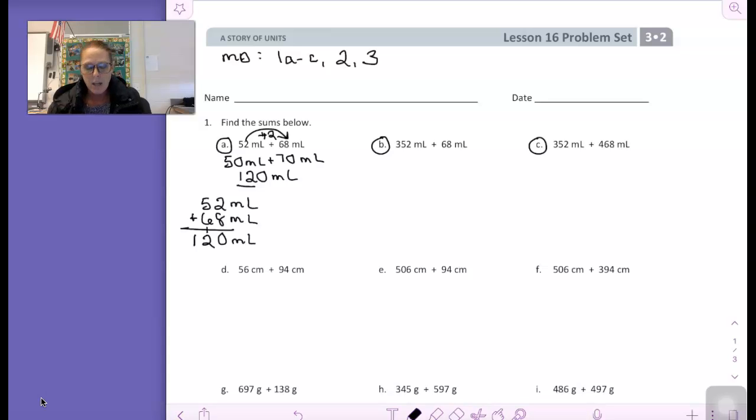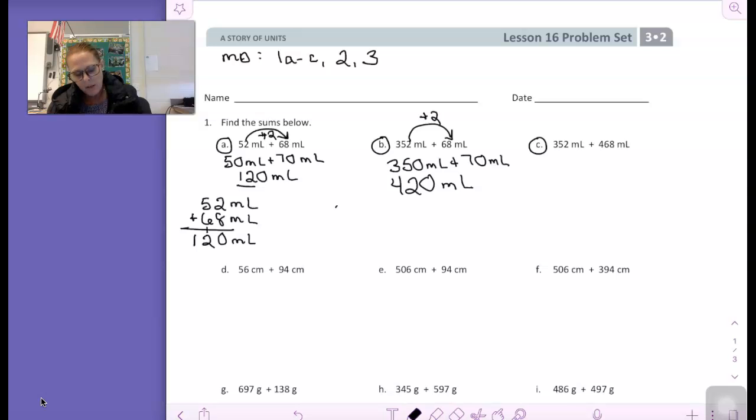The same idea over here, 352 and 68 again, we're using 68. I can add the 2 to the 68, so I get 70. And so I have 350 milliliters plus 70 milliliters. And again, 50 plus 70 is 120 or 12 tens. So I'm going to regroup and have 4 in my hundreds, 2 and 0.